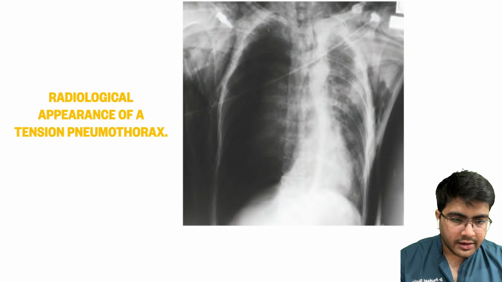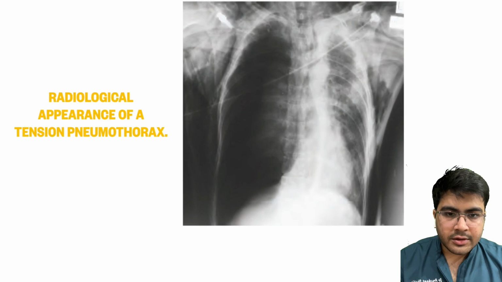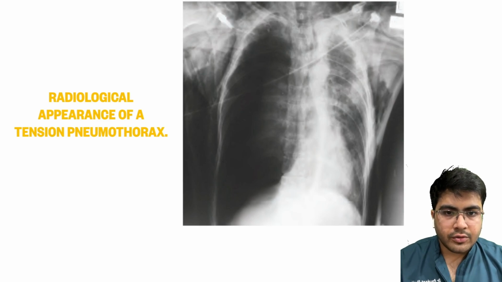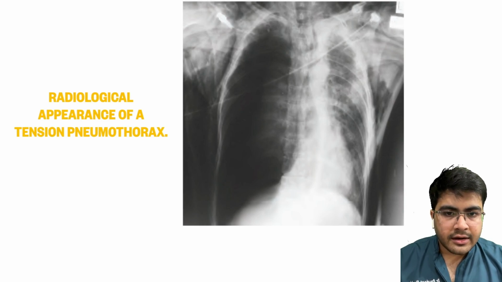This is an X-ray which can be considered an X-ray of failure. This is an X-ray denoting tension pneumothorax. What is expected from you is to diagnose tension pneumothorax clinically, and if you are diagnosing it through chest X-ray, it is not a great sign about your skill.